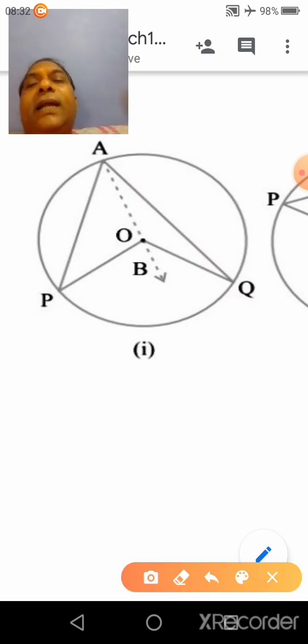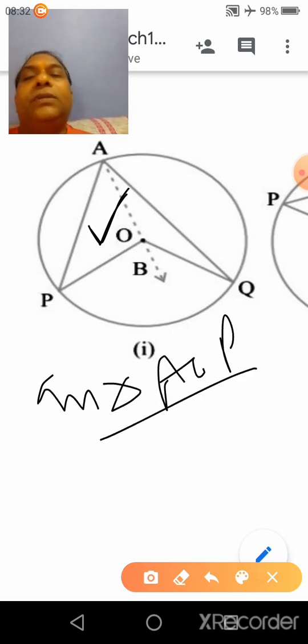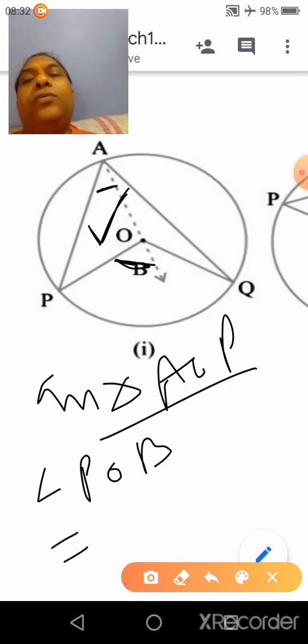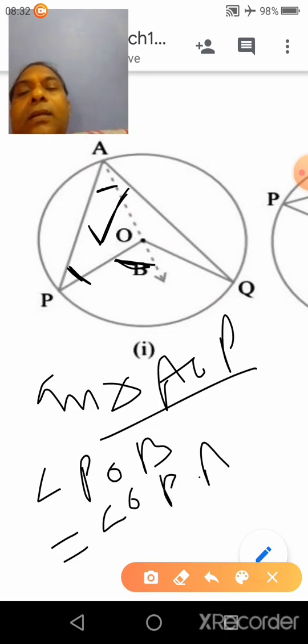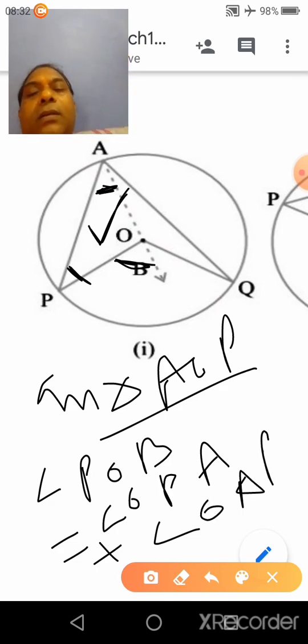Yes, in triangle AOP, clear? In triangle AOP, this angle, meaning angle POB, will be equal to angle OPA plus angle OAP. Clear? Because the exterior angle is equal to the sum of the opposite interior angles.